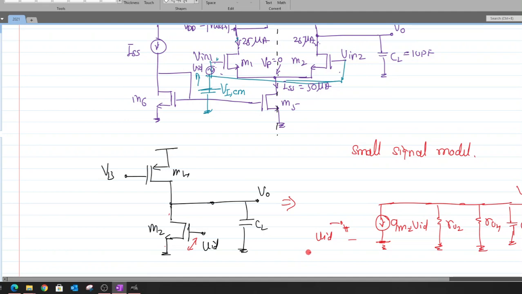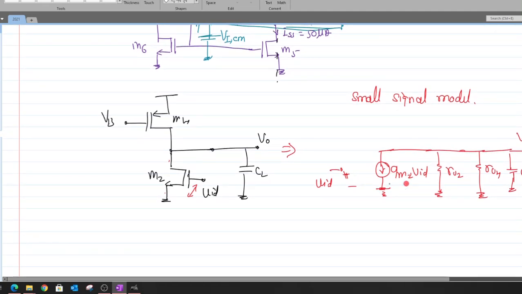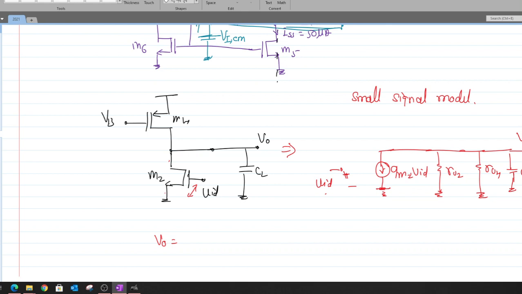Now what we have to do next is to calculate the transfer function from this VID towards the Vout. This VO can be derived directly by making use of Ohm's law.